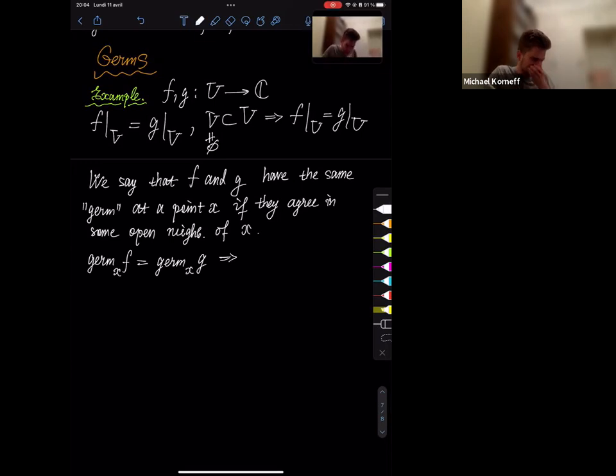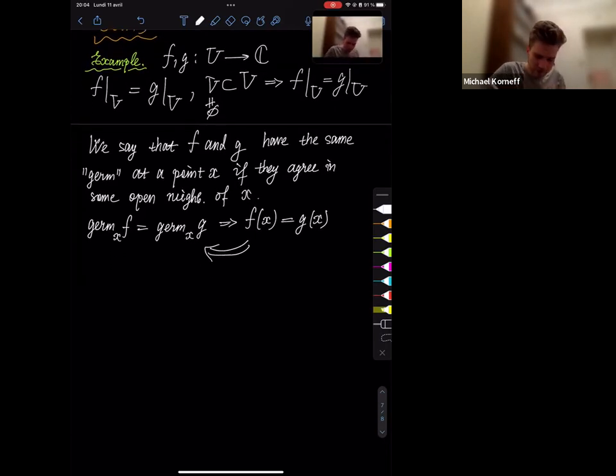It follows that the values at this point are equal for these functions, but the converse statement is not true in the general case.